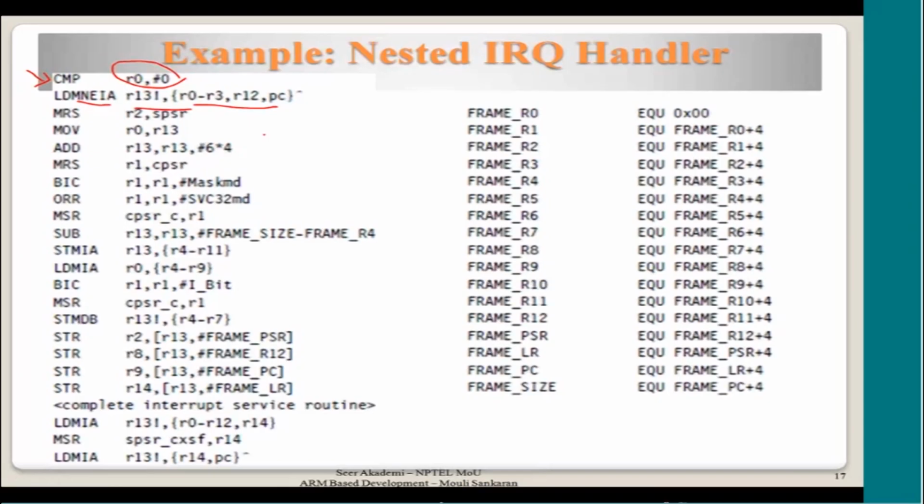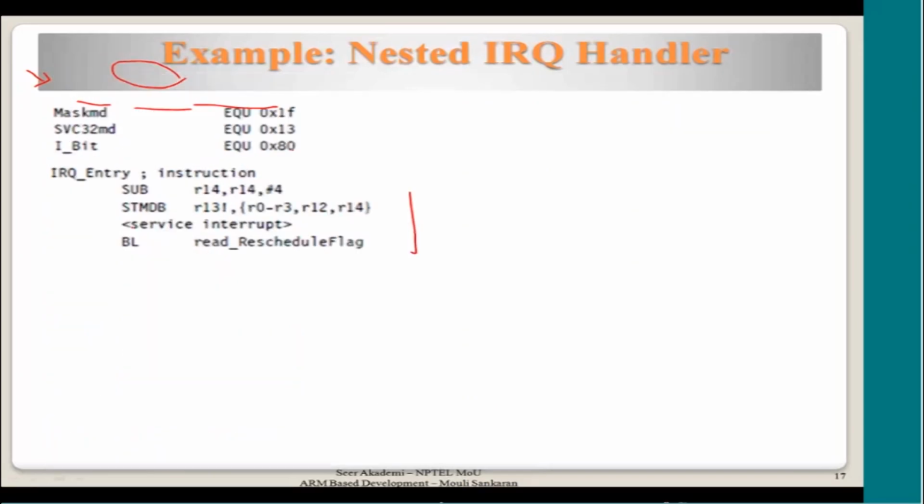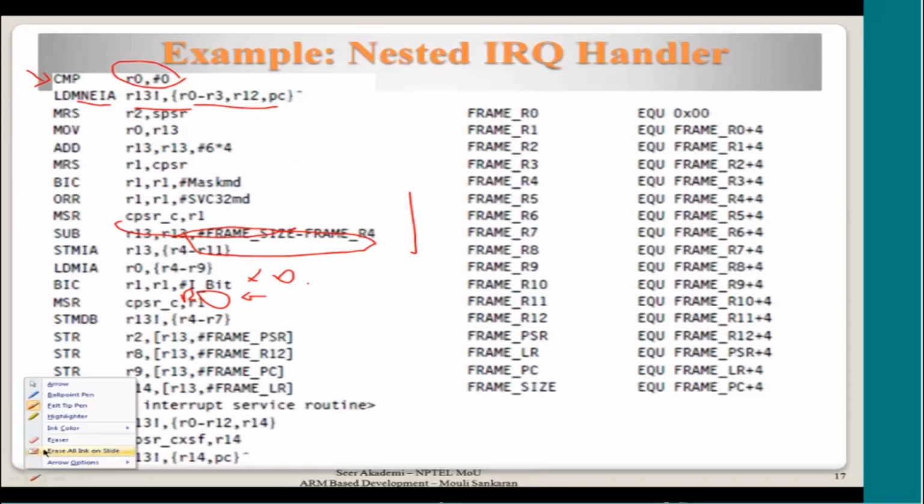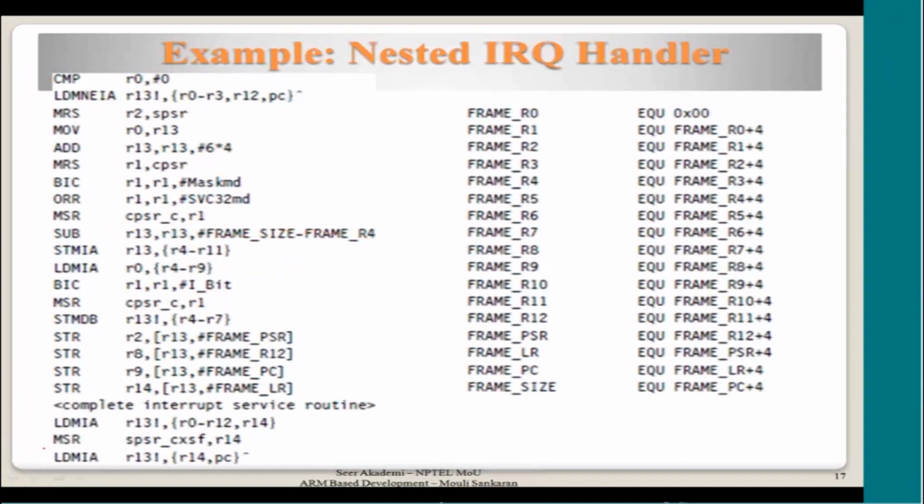In the previous case, if the read schedule flag routine says that I don't need any second level processing at all, then it will return a value which is not equal to 0. If it is 0, the second level servicing is required. So come back with that kind of understanding. Now it can go back to the original user program by executing this instruction.